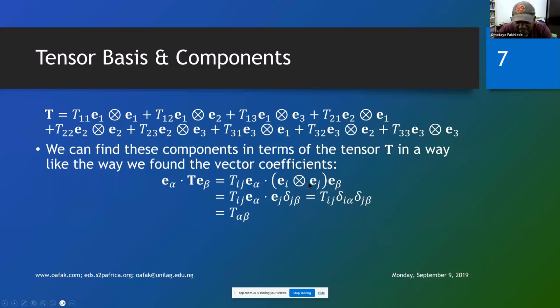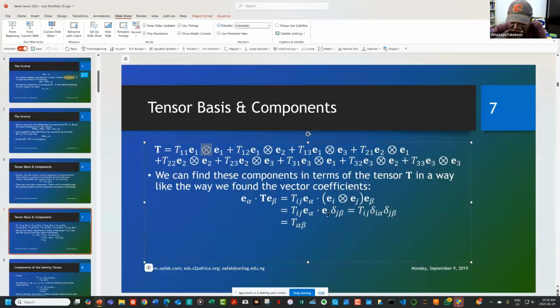This will be delta j beta in the direction of Ei. I think I made a mistake here. Let me just see what happened. Okay, so I corrected it in the next line.